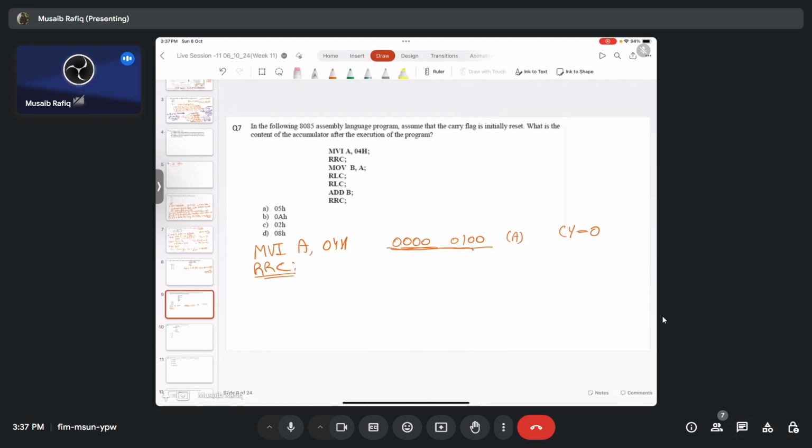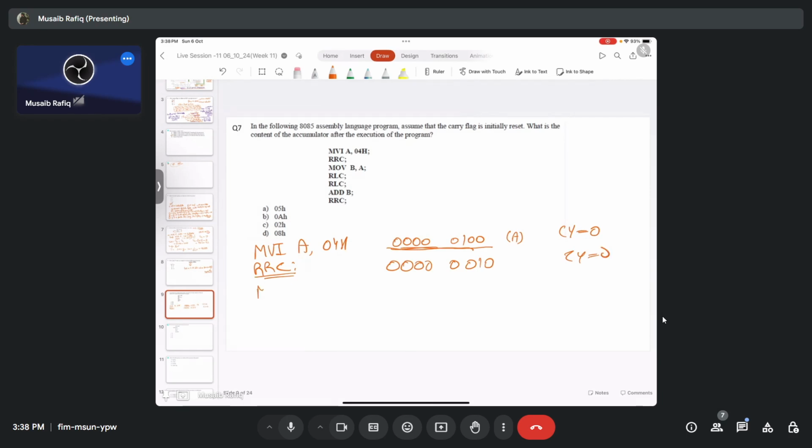So we'll just right shift the entire thing. It will be 0 0 0 0 0 0 1 0, and carry is also 0.